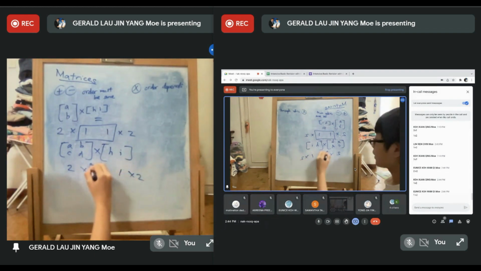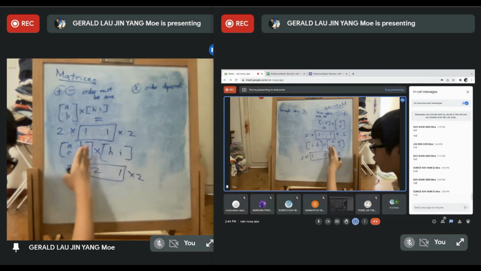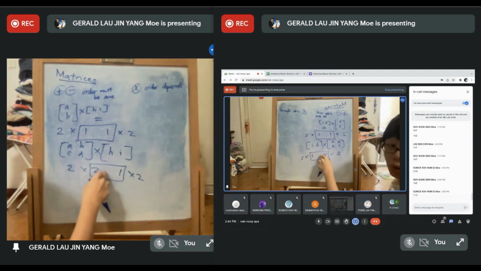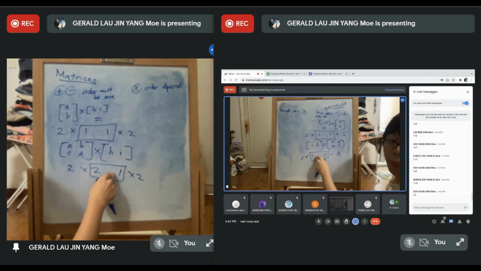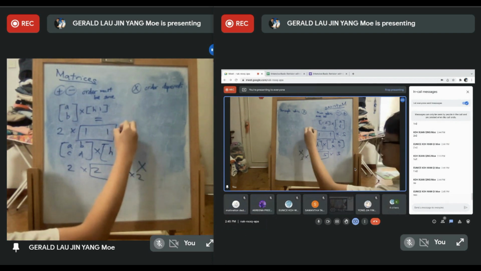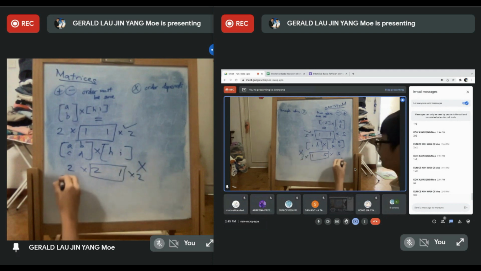Look at the middle one: the column for the first matrix and the row for the second matrix. Is it the same? 2 and 1, is it the same? No, cannot perform multiplication. This one can, this one cannot. Do you understand? Okay, let's try again.